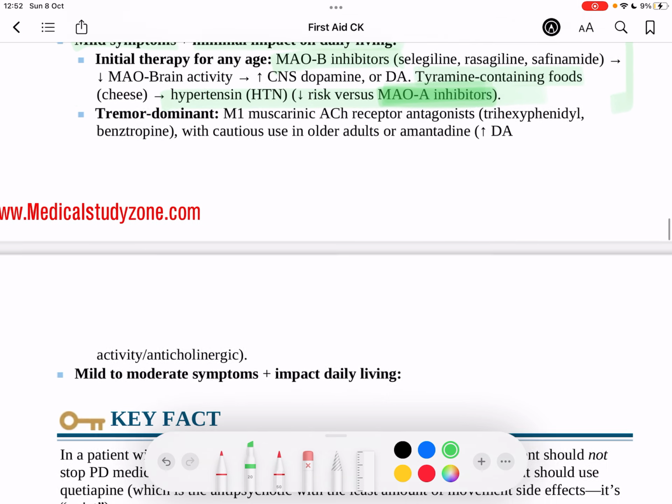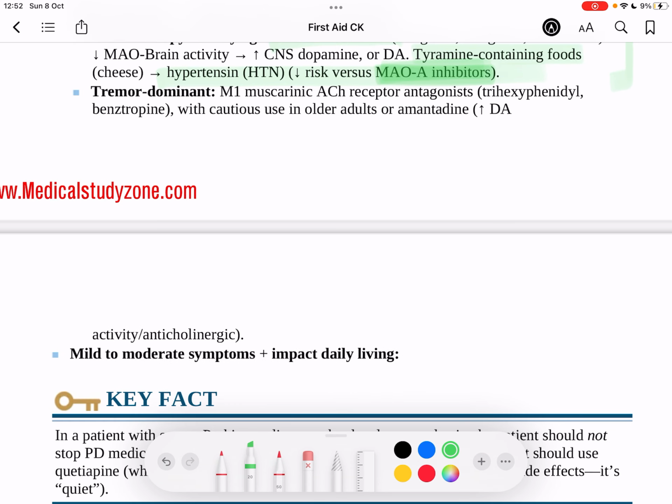Okay. If somebody comes to you with Parkinson's disease, they don't have an akinesia, bradykinesia predominant Parkinson's, but instead have a tremor dominant Parkinson's, we like to give them M1 muscarinic antagonists first. This is usually benztropine, trihexyphenidyl. We usually give these, okay?